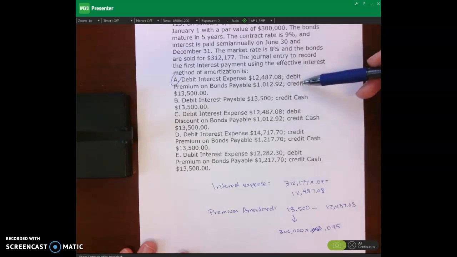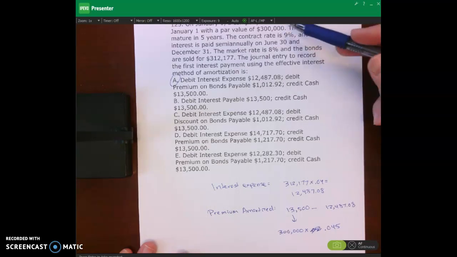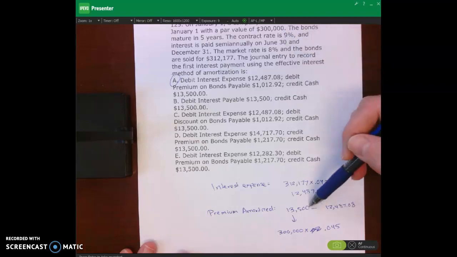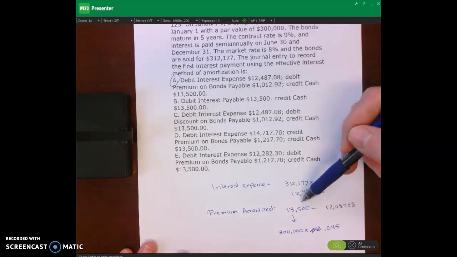Then we need to determine and calculate how much cash we have to pay our bondholders, and that's always equal to par value times contract rate every single time. So par value of $300,000 times our 0.045 gives us that $13,500. That's how much cash we pay our bondholders.